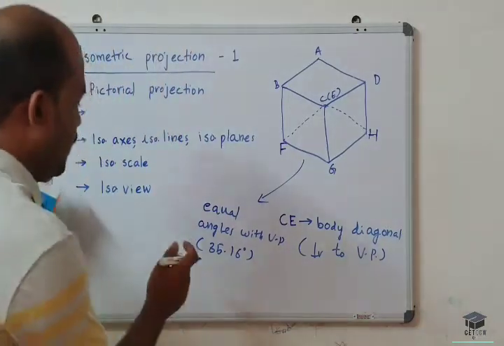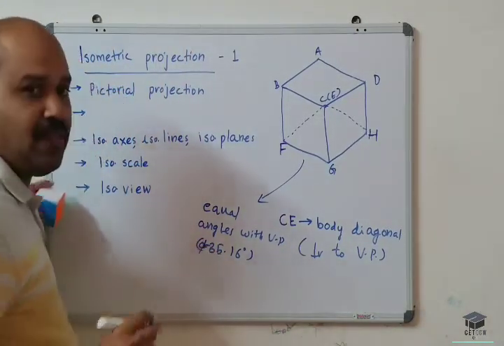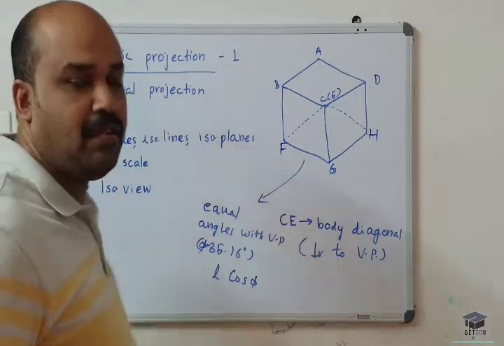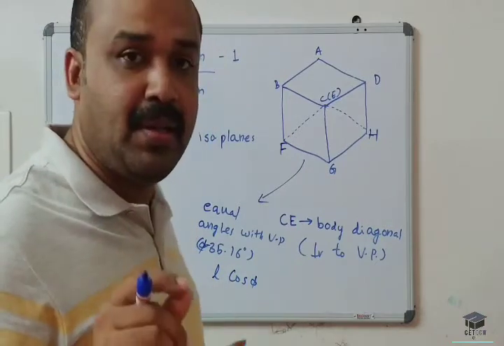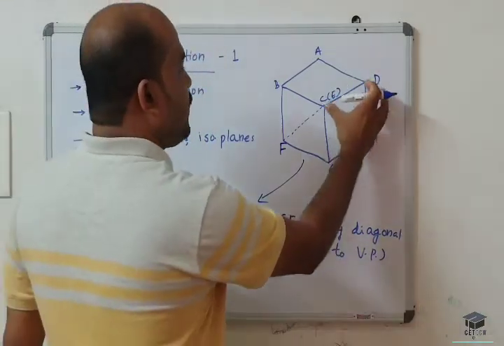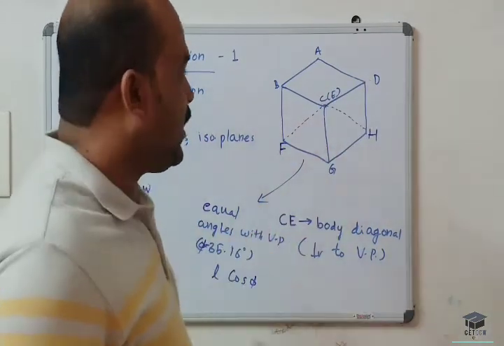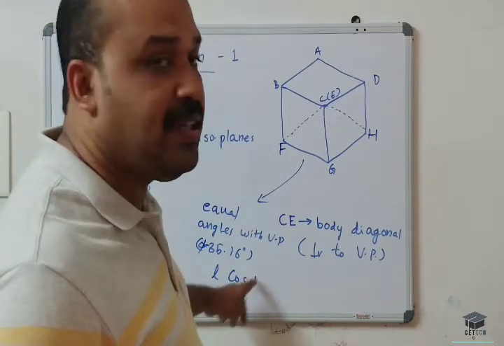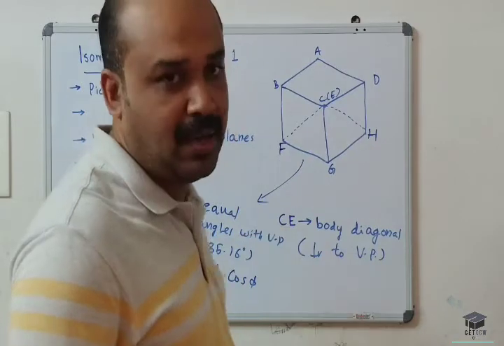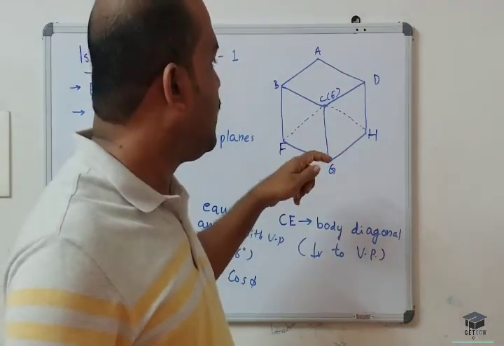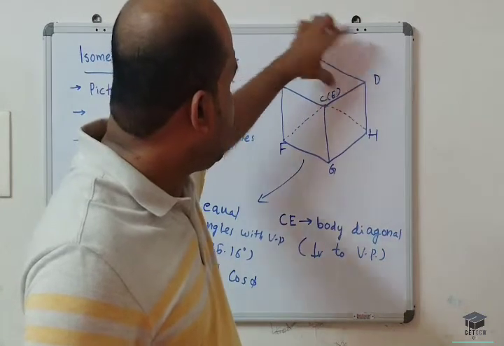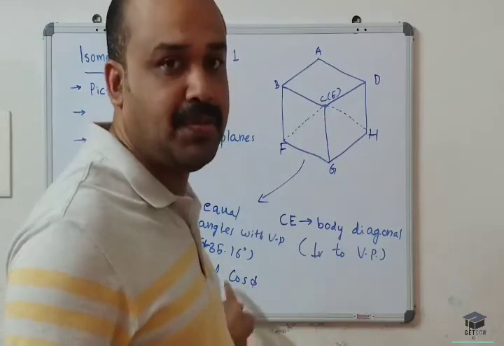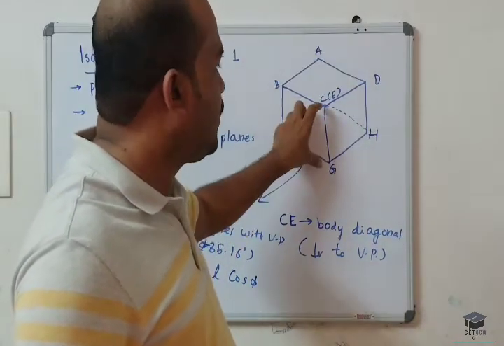We know that if phi is the angle, then L cos phi will be the new length. Since the angle phi is the same everywhere, all the edges have equal angles, so CD, BC and CG will all be equal to L cos phi.